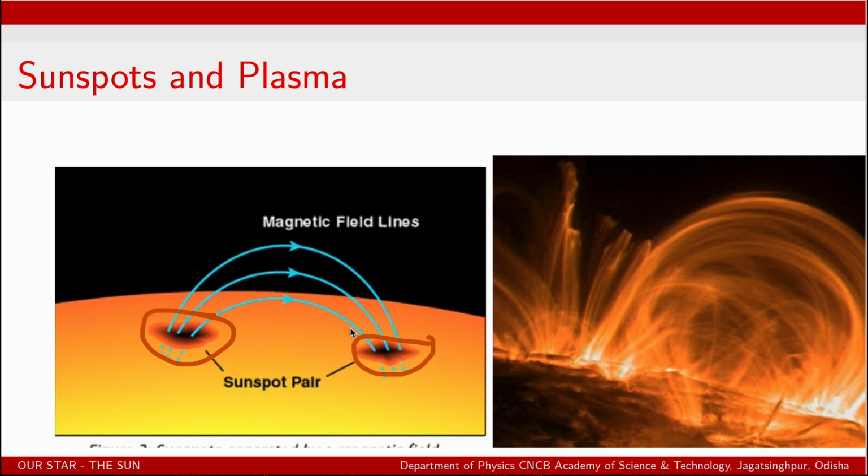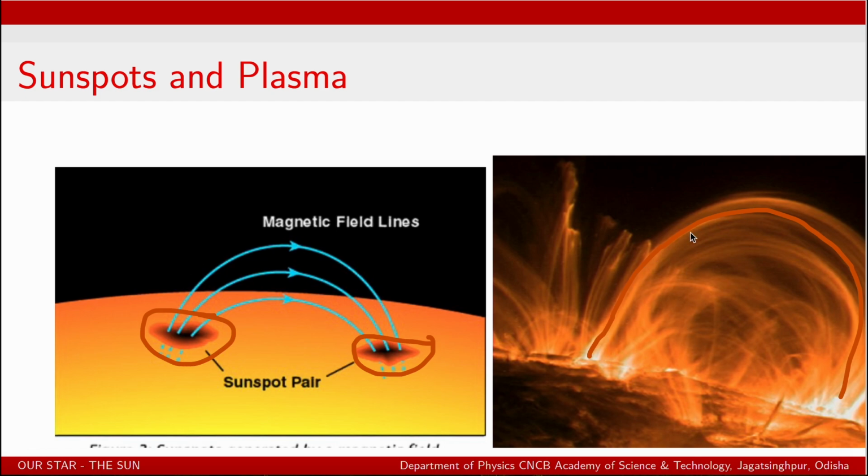And these magnetic fields are very strong. They are so strong that they can support plasma. Why is it so? Because if the field is very strong, because of the Lorentz force, the field can hold the plasma in very tight circles. And that is why we have these arch-like structures across sunspots.